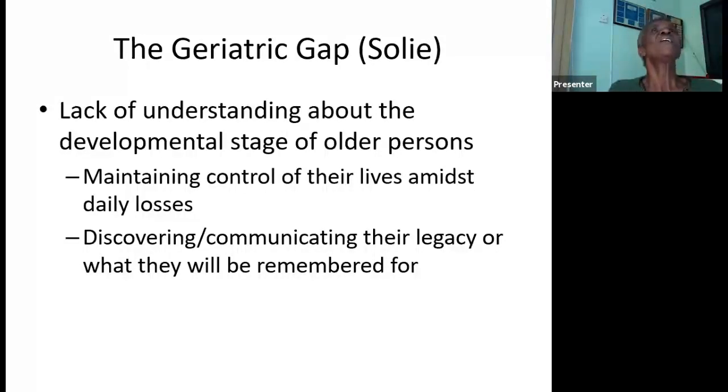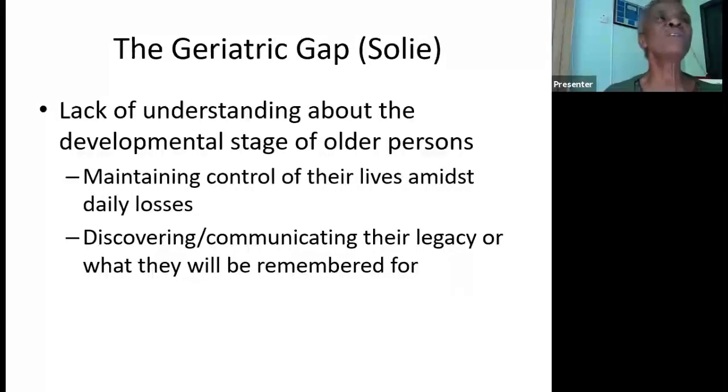So from his point of view, when you do not understand that these things are salient, these things are important in the lives of the older person, it does not help us to understand the communication that takes place between us and them, between me and Uno. Because you do not understand their developmental stage.